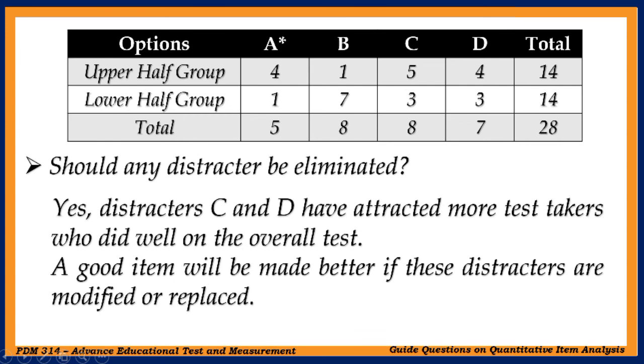Fewer students who do well on the test should choose each distractor than those students who do poorly. Going back to the item, the answer is yes. Distractors C and D have attracted more test takers who did well in the overall test. A good item will be made better if these distractors are modified or replaced.